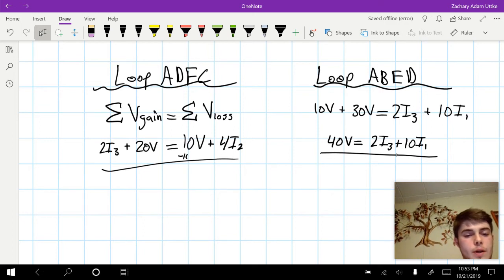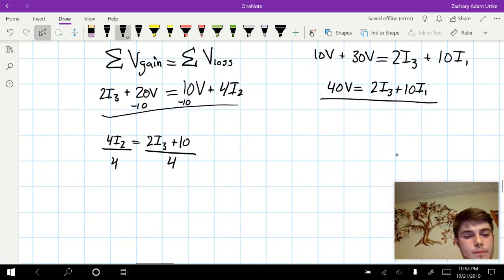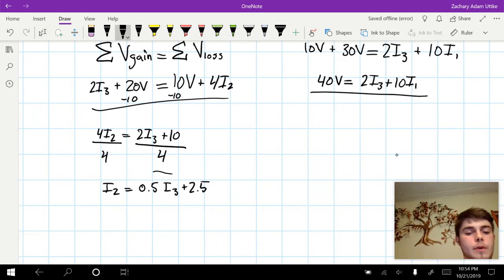So we can subtract 10 volts over. So we have 4I2 equals 2I3 plus 10. And then to isolate I2, we can divide by 4. So I2 equals 0.5 I3 plus 2.5. So now we have an equation for I2, right?